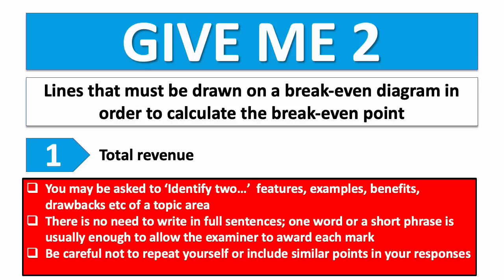There is no need to write in full sentences. One word or a short phrase is usually enough to allow the examiner to award each mark. However, in this type of question, be careful not to repeat yourself or include similar points in your responses, because if they're too similar, you may end up with just 1 mark out of the 2. So well done if you've got those 2 activities correct.